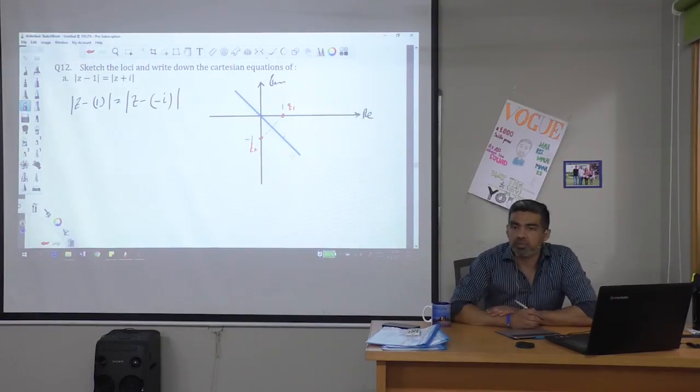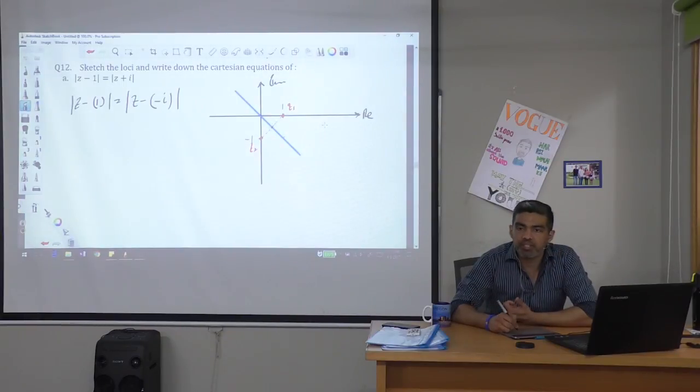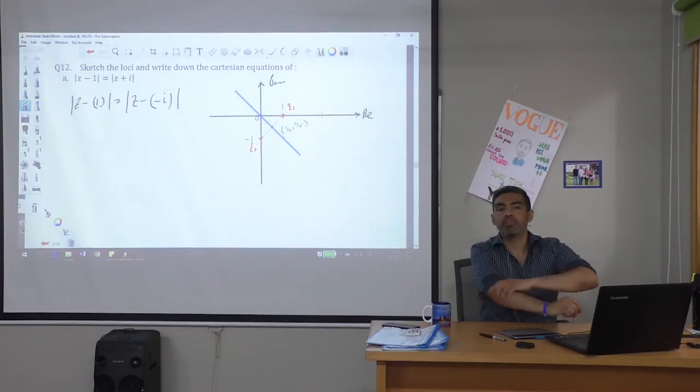This blue line is the locus of Z. Just for the examiner, please also mark the midpoint of Z1 and Z2, where the perpendicular bisector passes through. One point is the origin, the other is this midpoint. The midpoint is clearly a half, minus a half. Just mention the coordinates of the midpoint as well.